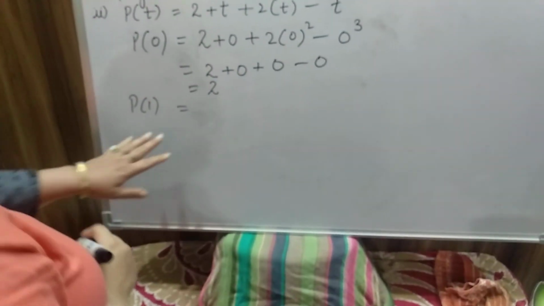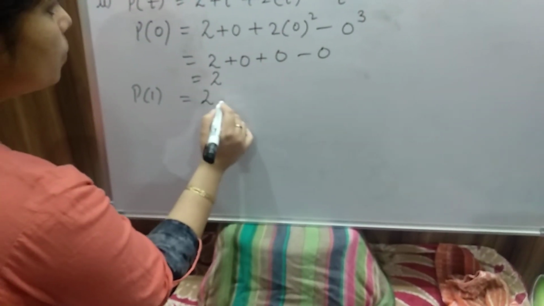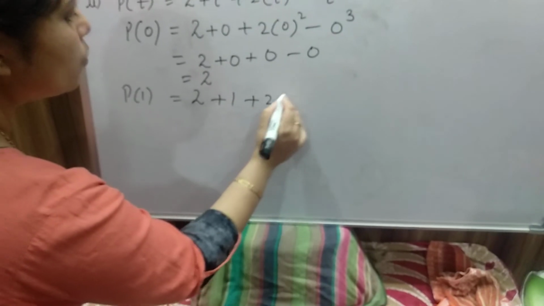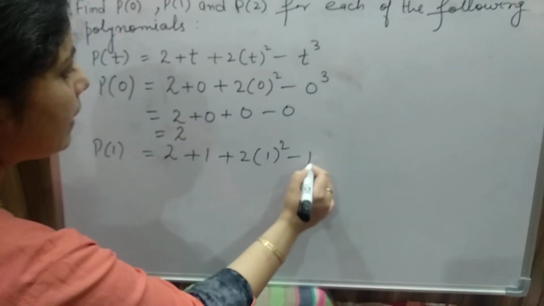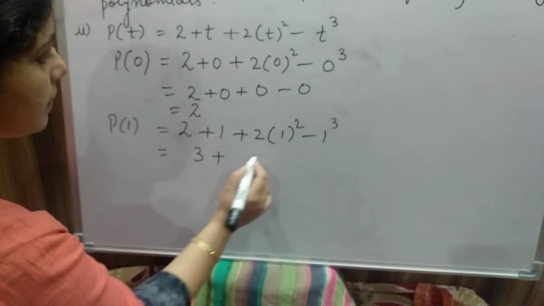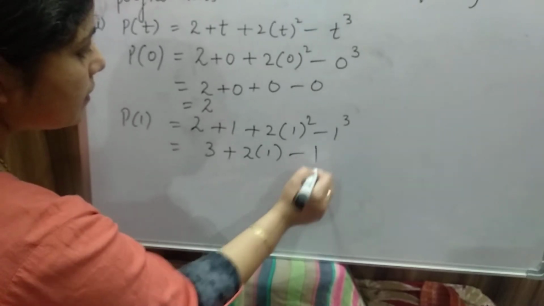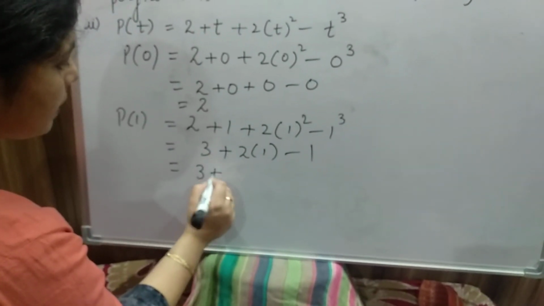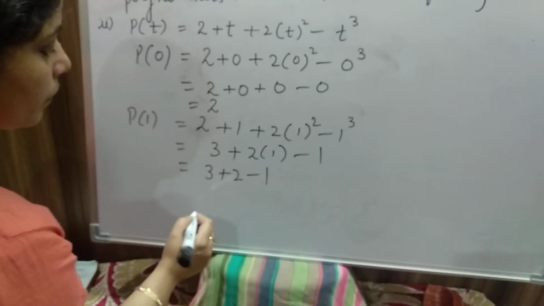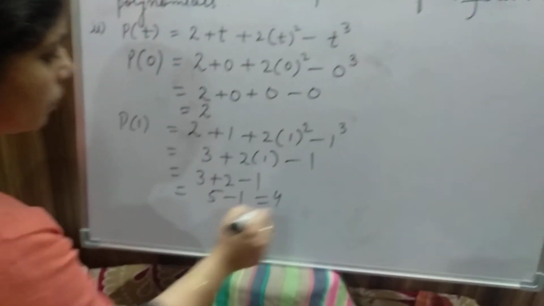In this we put the value of the variable equal to 1: 2 plus 1 plus 2 into 1 square minus 1 cube. 2 plus 1 is 3, plus 1 square means 1 only, 1 cube is 1. 3 plus 2 minus 1. 3 plus 2 is 5, minus 1 is equal to 4.